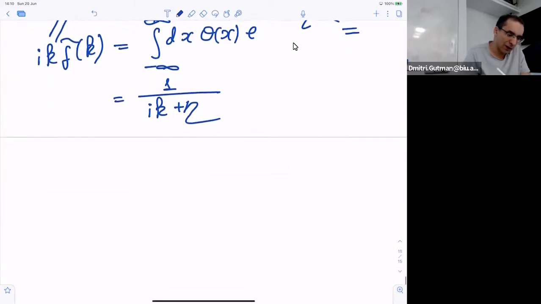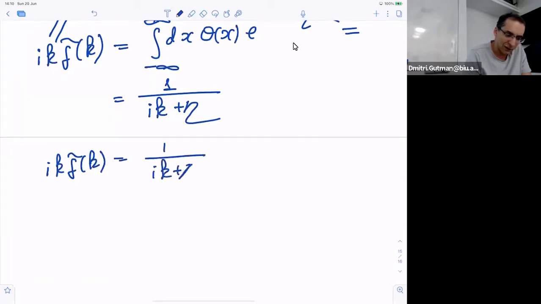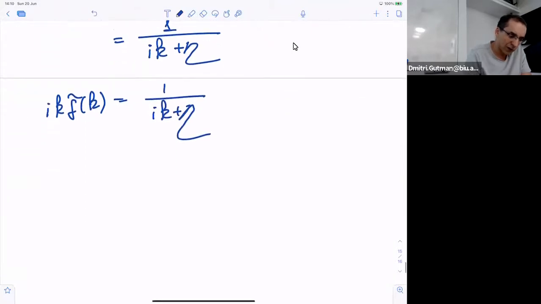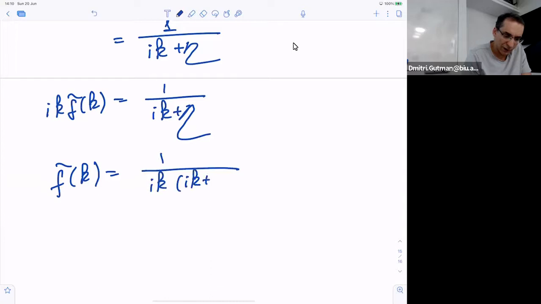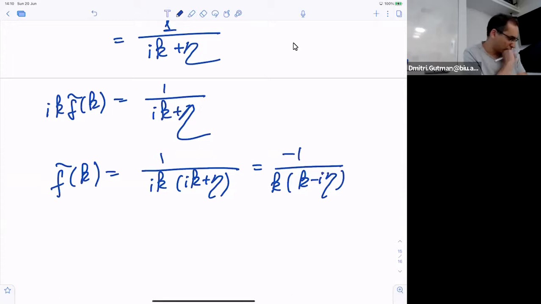So now we have the equation ik f tilde of k is equal to 1 over ik plus eta, which means that f tilde of k is equal to 1 over ik times ik plus eta, which we can also write as 1 over k times k minus i eta, with a minus sign.